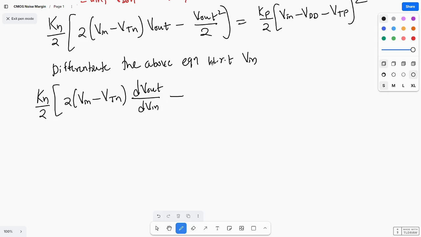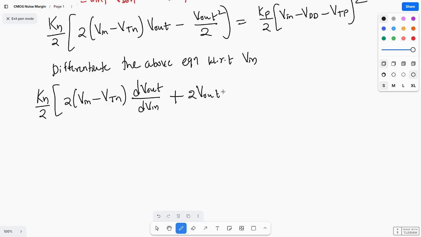This is the UV formula: U into dV plus V into dU, so here you will get 2 V out.